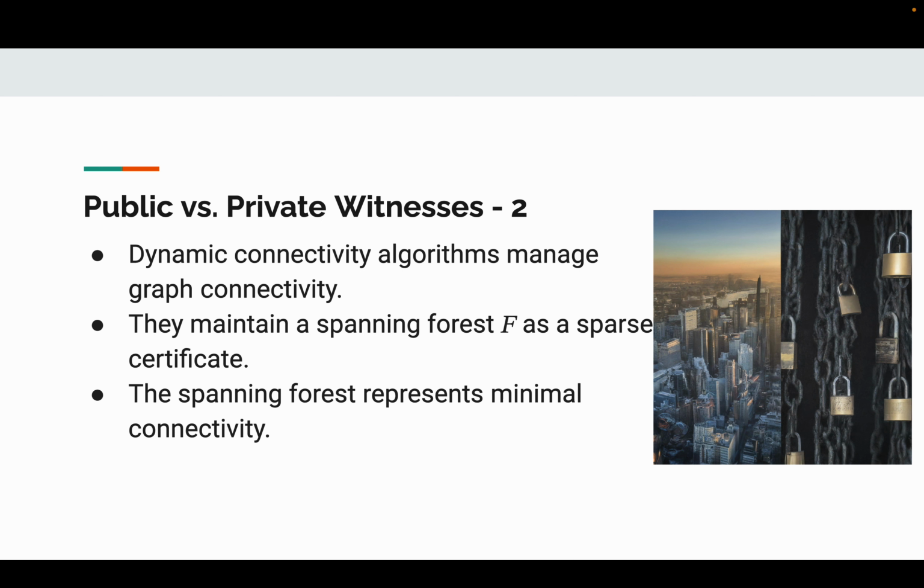A key concept is the use of a spanning forest denoted as F. This forest acts as a sparse certificate of connectivity, meaning it is a minimal subset that still fully represents the connectivity of the entire graph. It's essential for efficiently answering whether any two vertices in the graph are connected.